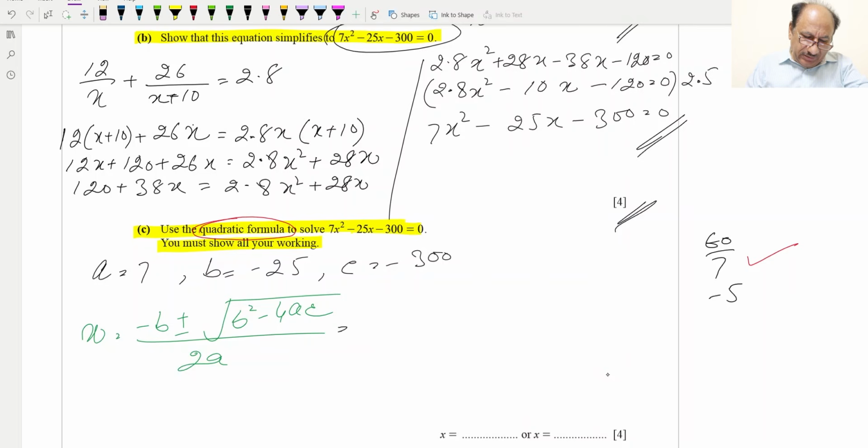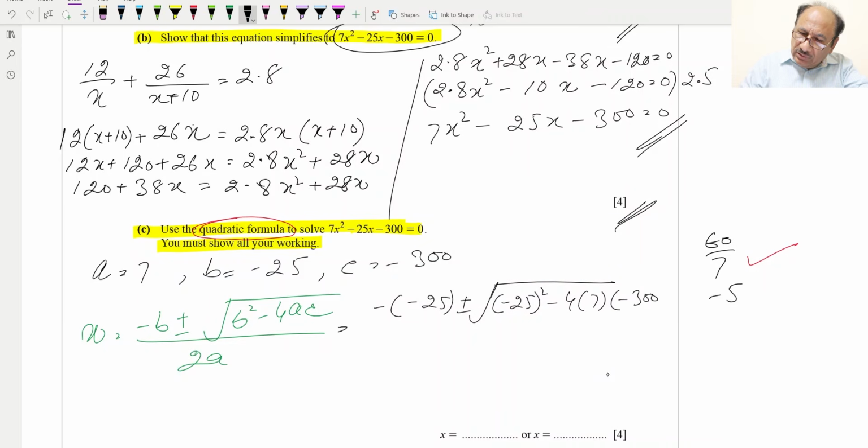We replace the values in brackets. Minus b means minus of minus 25, and plus minus the square root of b square, meaning minus 25 squared, minus 4a is 7, and c is minus 300, divided by 2a, so 2a will be 14.